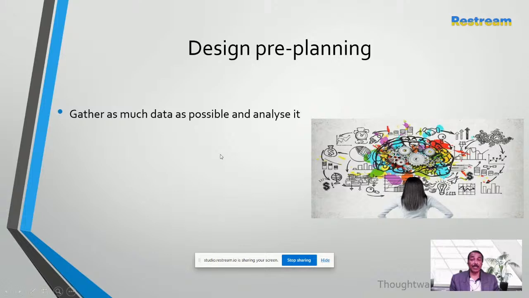Gather as much data as possible, because once you arrange the internal setup, for example putting up the racks and other things, changing the layout or rearranging the items becomes difficult. Possibly, at least you should take care of the next 6 months or 1 year requirement. So the necessary data has to be collected and proper analysis has to be made. We will see what kind of analysis has to be done.